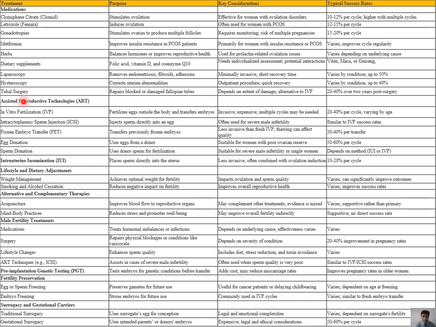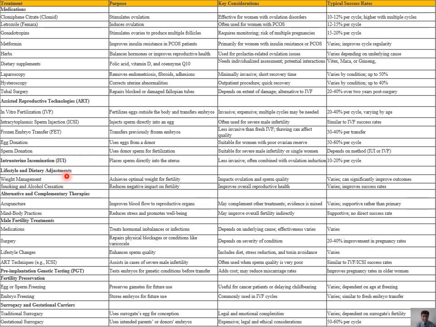Then we have laparoscopy and hysteroscopy, which are invasive surgical techniques with chances of 50 to 44%. Then we have ART, assisted reproductive technologies, which involve GIFT, gamete intrafallopian transfer, ZIFT, zygote intrafallopian transfer, ICSI, intracytoplasmic sperm injection, IVF, in vitro fertilization, sperm donation, and IUI, intrauterine insemination.